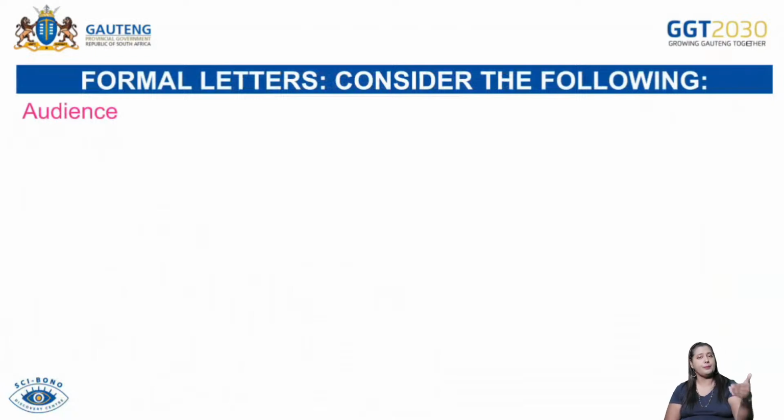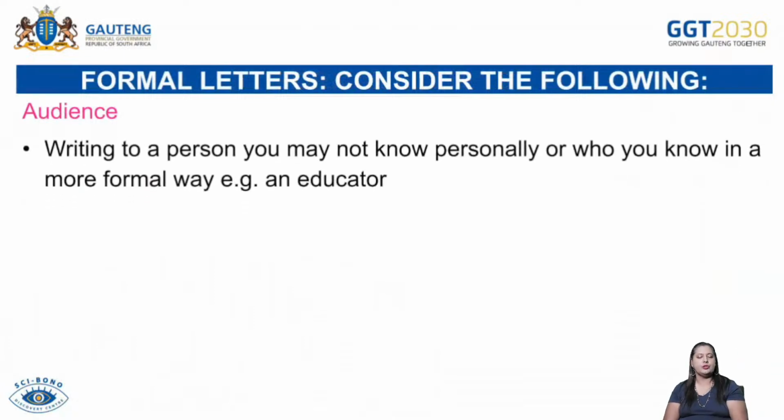Okay, and that is the person that you need to take note of when you are writing the piece of work, right? So you are writing to a person you may know or you may not know personally, or who you know in a more formal way, for example, like your educator, right? So there would be three ideas that you can look at when you're working with the audience.